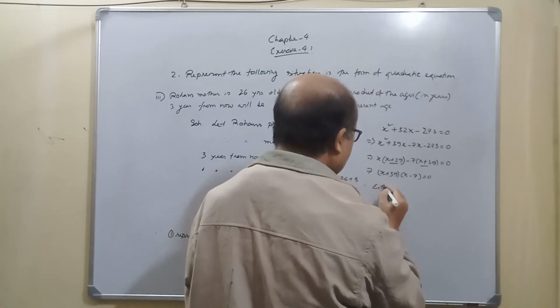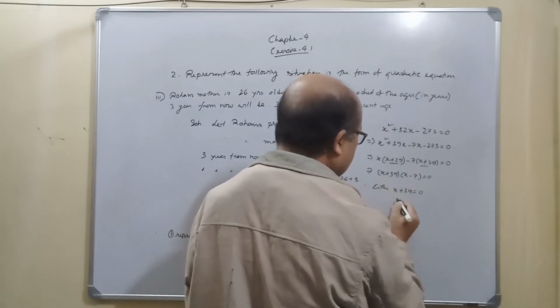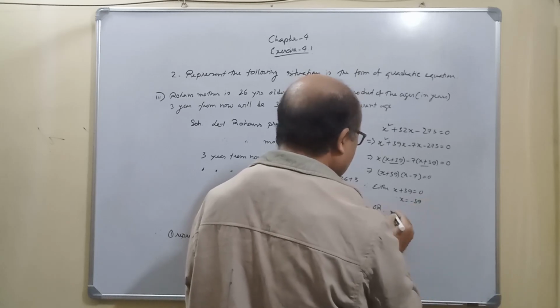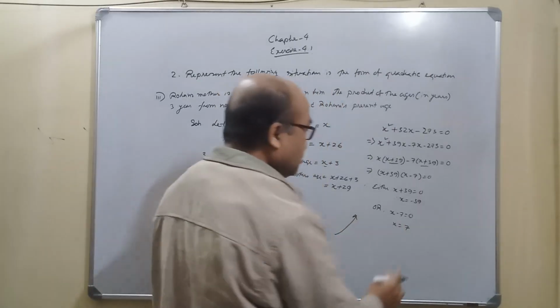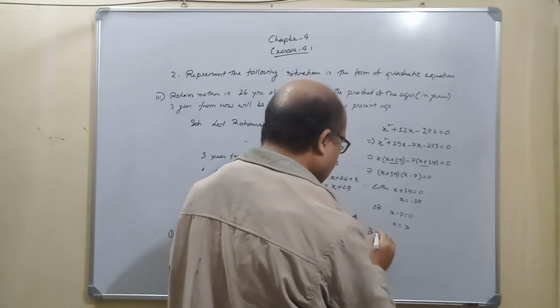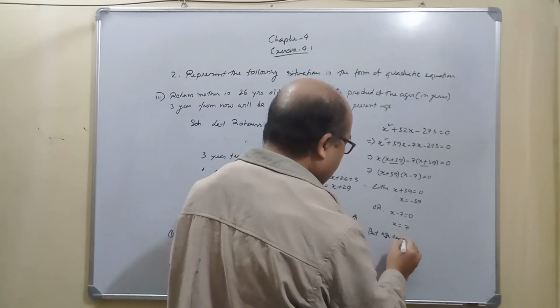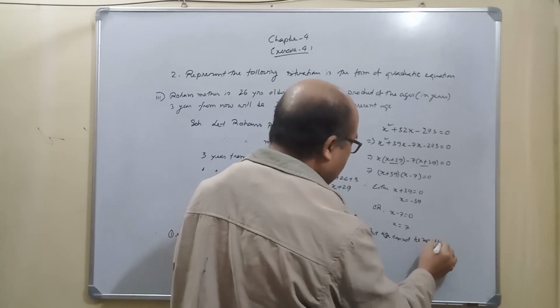Hence, either x plus 39 is equal to 0, hence x is equal to minus 39, or x minus 7 is equal to 0, hence x is equal to 7. But x is negative here, and age cannot be negative.